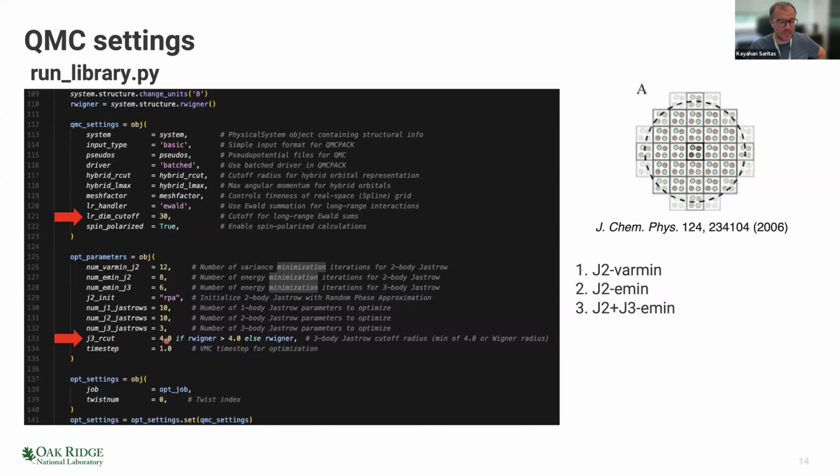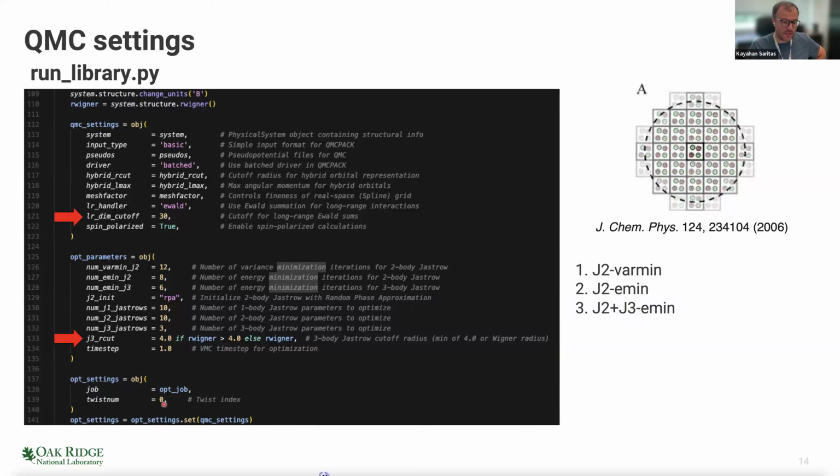So what this is saying is that if your cell is small enough, then 4 Bohrs, which is actually very difficult to get publication quality results with a cell of that size, is just a fallback to make sure that the parameter here is reasonable. So it puts a maximum value of 4 Bohrs on the J3 cutoffs that you want to use. And this is the VMC time step for the VMC optimization.